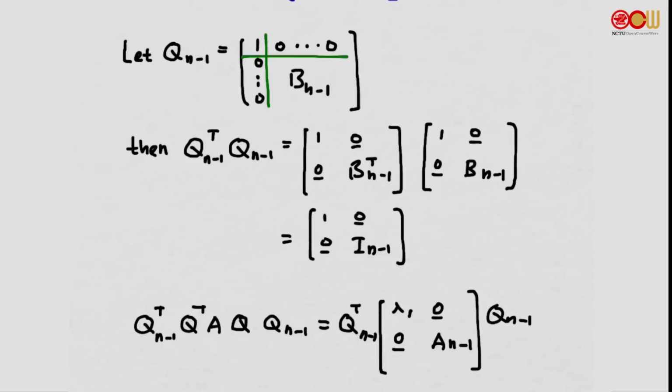Now let's add Q_{n-1} transpose and Q_{n-1} to the product that we already have.